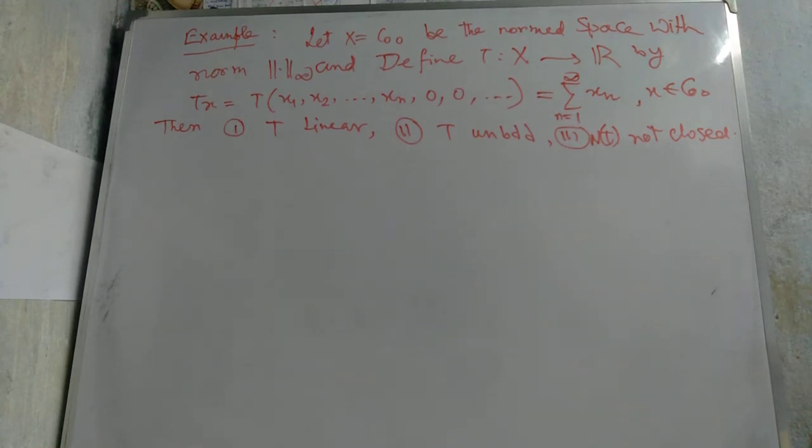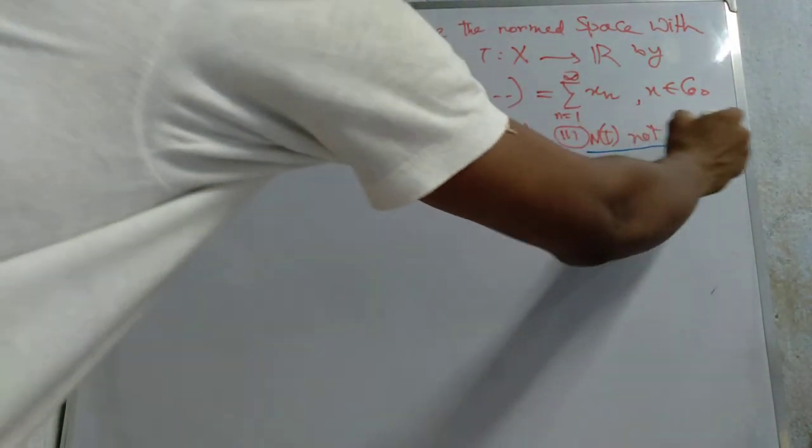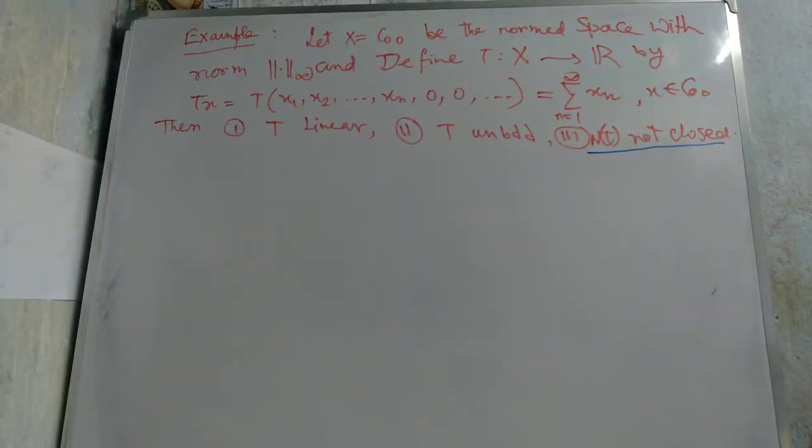Now we're focusing on just the last part, N(T) is not closed, because these two we also saw in the previous class. If any doubt, see the previous class to understand how we obtain them.